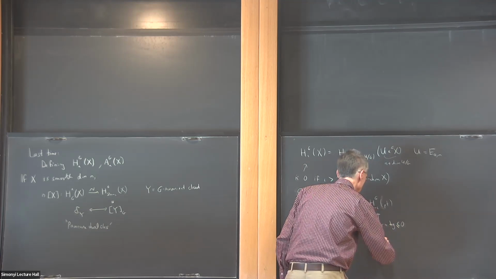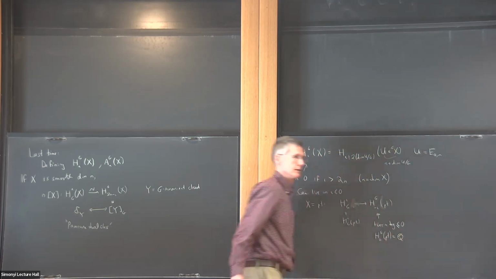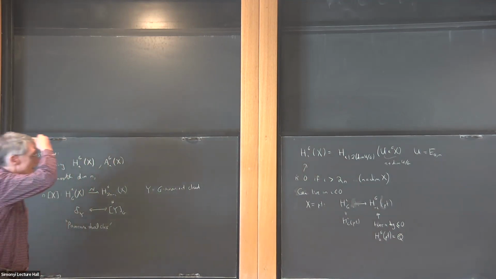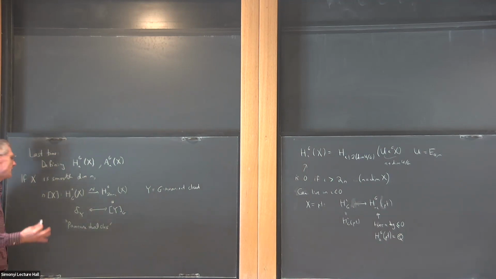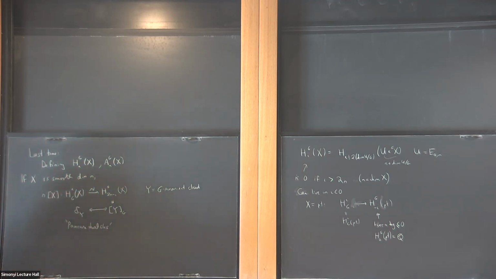And H_0 though is very simple. H_0^G of a point is just going to be Q. Okay, so it's an artifact of the indexing, and it's okay, but you have to make some choice, and this choice of indexing makes Poincare duality work out very well. So I think it's a good choice.